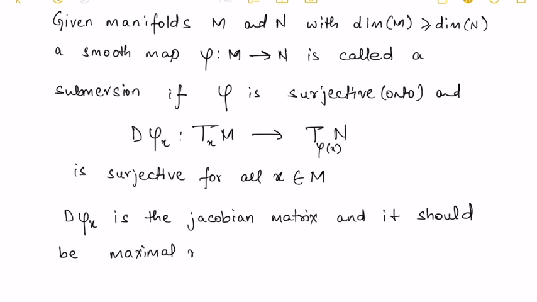And by maximal rank, I mean that the rank of this Jacobian should be equal to n, which is the dimensionality of the target manifold.